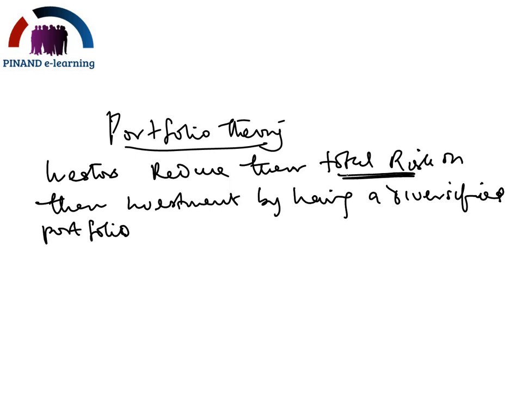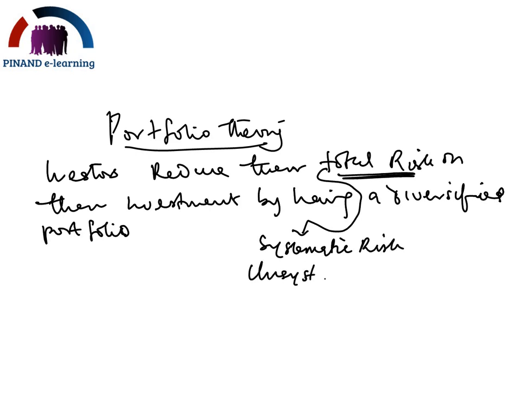The total risk is made up of 2 types of risk. Let me bring this one down. Systematic risk and what? Unsystematic risk. The idea is that unsystematic risk can be diversified away, because the unsystematic risk is specific to the company itself.